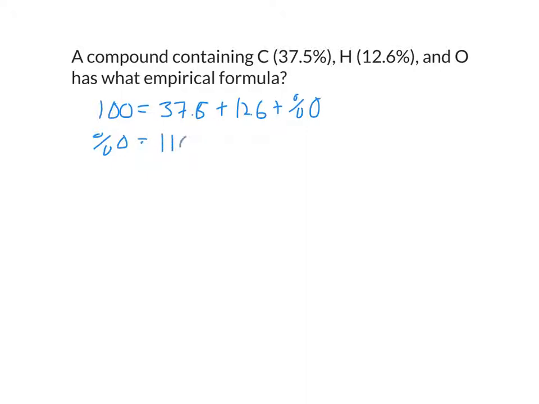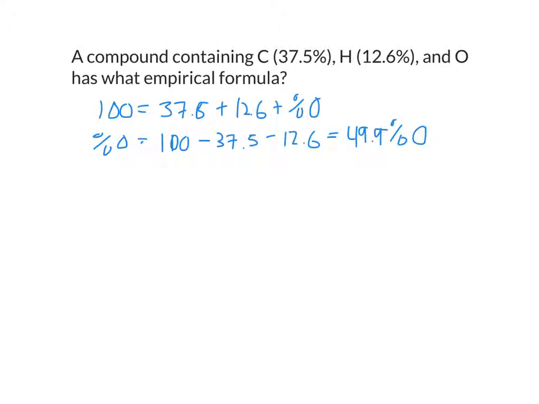So I just take 100% and subtract 37.5 and subtract 12.6, and I find that I have 49.9% oxygen. So now I know the percent by mass of each of the elements in my compound. And for the empirical formula, what I want is the lowest whole number ratio of moles of each of the elements in my compound.